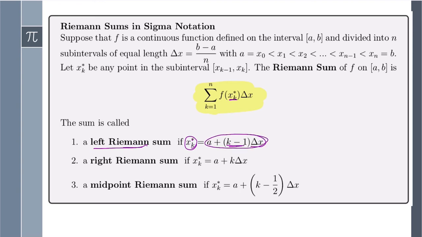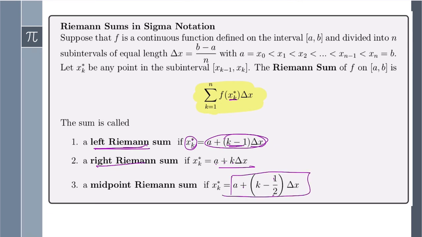That gives us the left endpoint of each subinterval. The right endpoint of each subinterval is given by a plus k times delta x. And the midpoint of each subinterval is given by a plus k minus 1 half delta x.